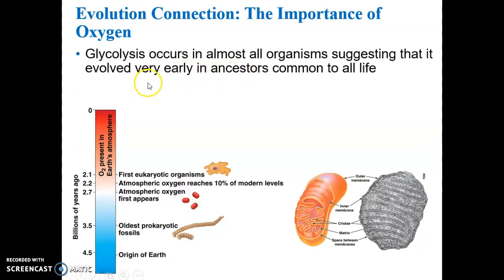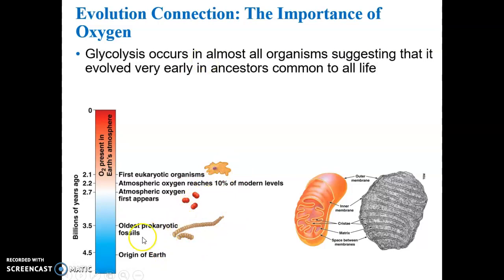So glycolysis occurs in almost all organisms, and that suggests that it has a really early evolutionary history in our ancestral organisms, in the ancestors common to all of life. The fact that all living things can do glycolysis essentially means that glycolysis is a very old mechanism for harvesting energy and is common for all living things.